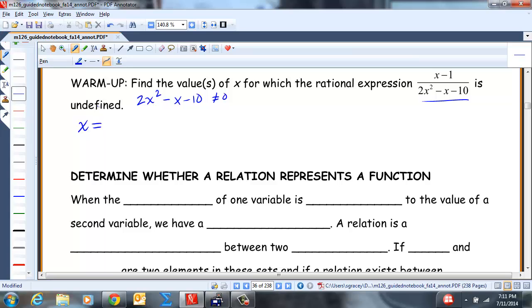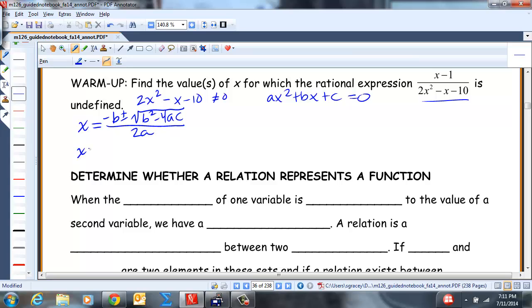So if we use the quadratic formula, basically the quadratic formula is when you have ax squared plus bx plus c equal to 0, where a, b, and c are in the real number system, then x will be equal to the opposite of b plus or minus the square root of b squared minus 4ac, all divided by 2a.